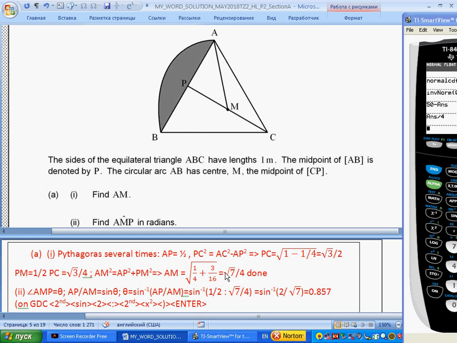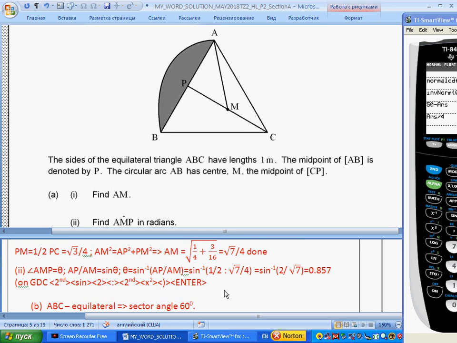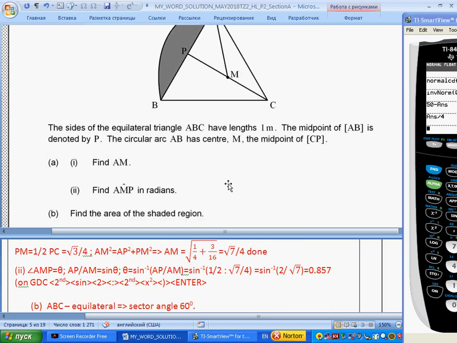It's a very easy question, so you can read your notes. Here I also have how to do it using a calculator. This is easy, so I don't want to spend time on it. If you need, then I can do it. Find the area of the shaded region.